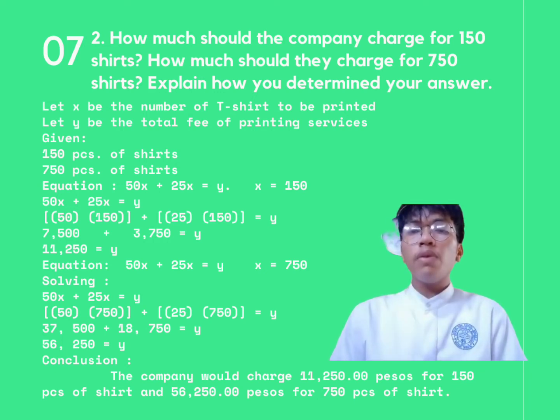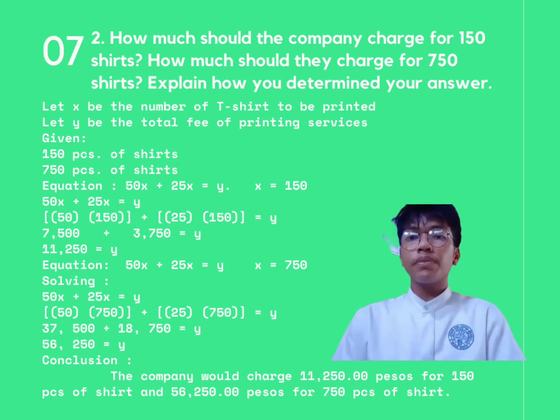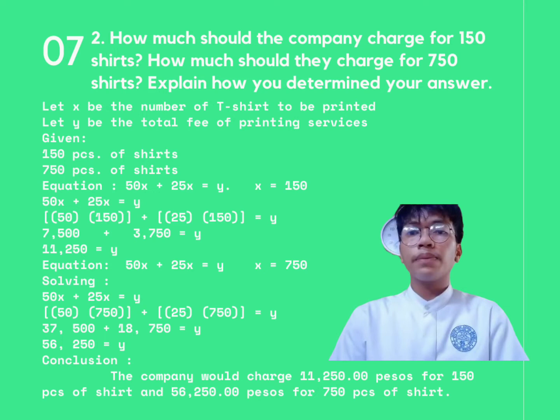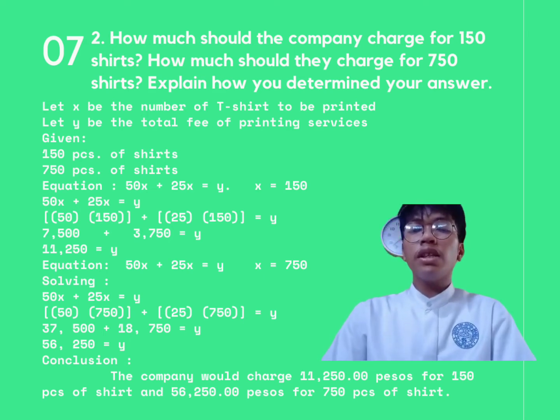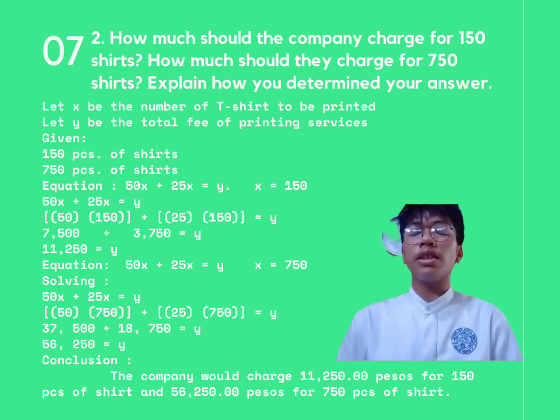Equation: 50x plus 25x is equal to y. x is equal to 750. Solving. Substitute. 50 times 750 is equal to 37,500. 25 times 750 is equal to 18,750. 37,500 plus 18,750 is equal to 56,250, which is equal to y.